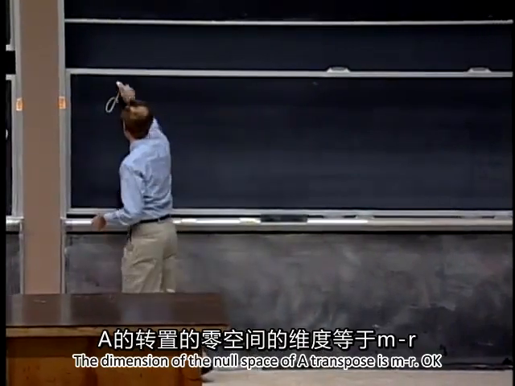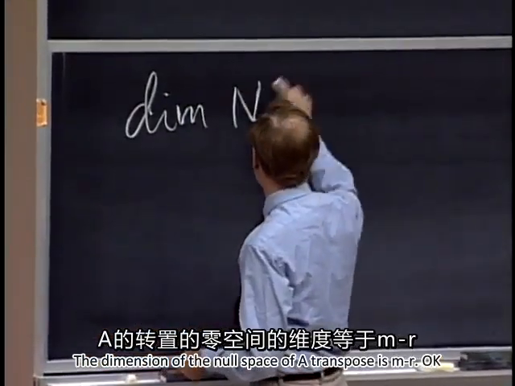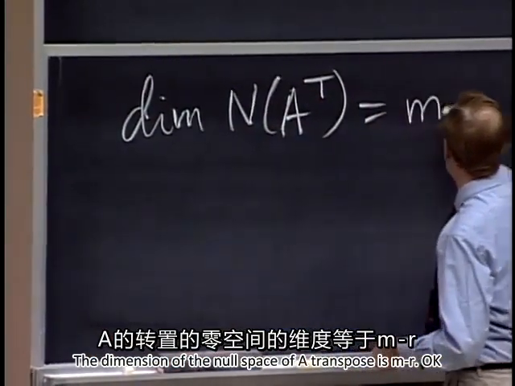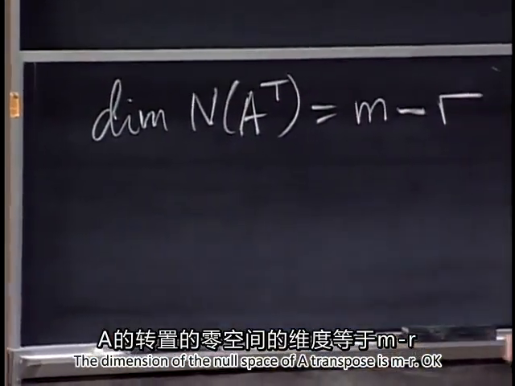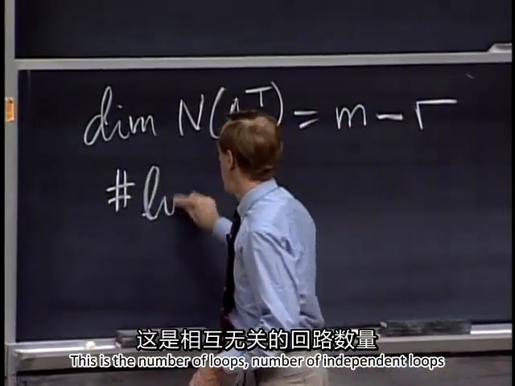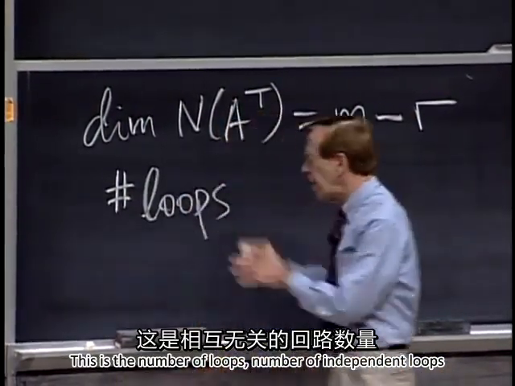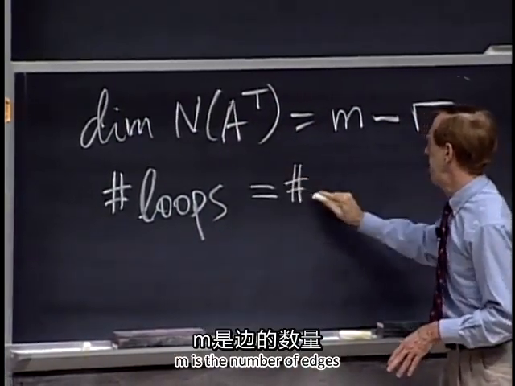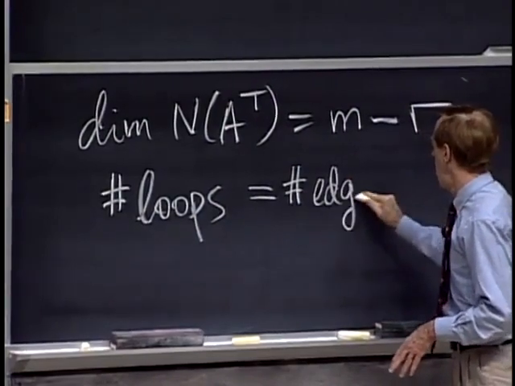The dimension of the null space of A transpose is M minus R. Okay. This is the number of independent loops. M is the number of edges.